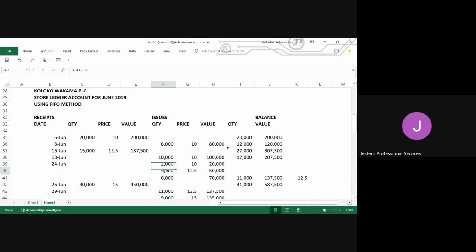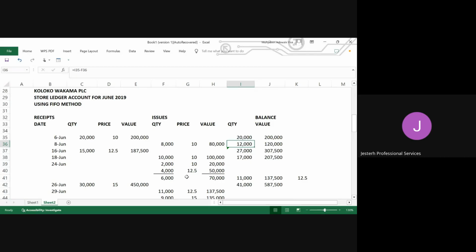But this approach says we need to consider what we have in the old stock. And then when we are calculating these things, from our old stock, the one that we first brought in, we issue out 8,000 from 20,000. It remains 12,000 in our stock.